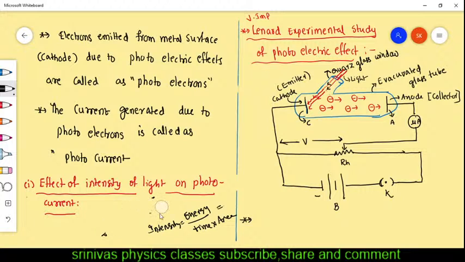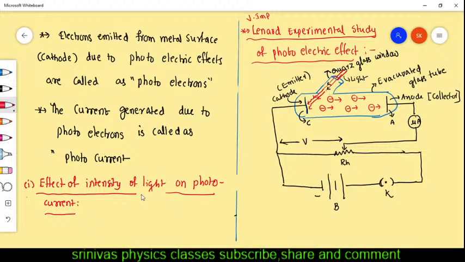For example, in the morning the intensity of sunlight is less, and in the afternoon the intensity of sunlight is more. Like this, intensity varies.